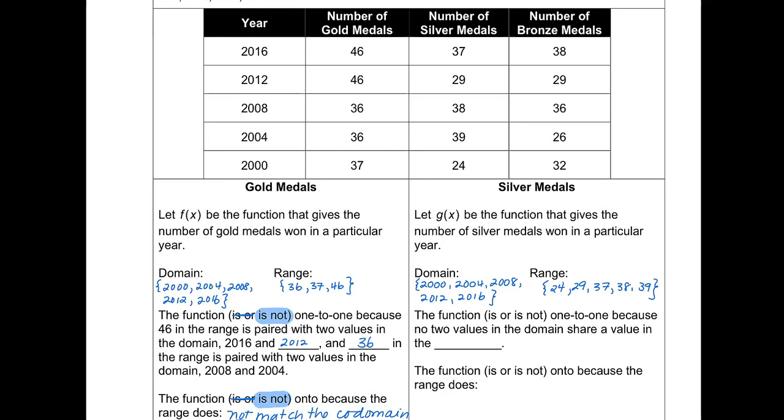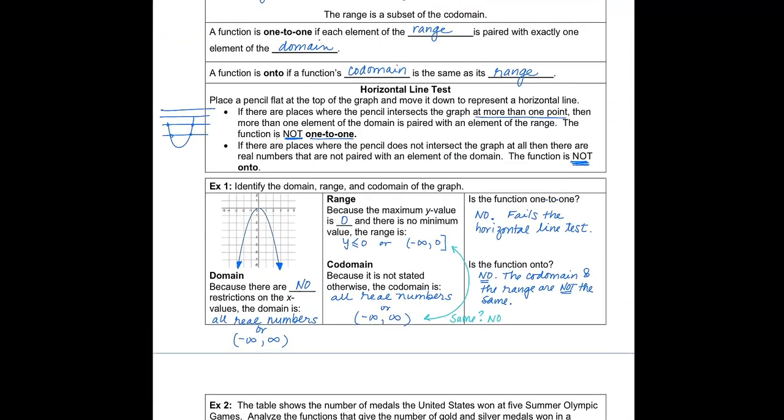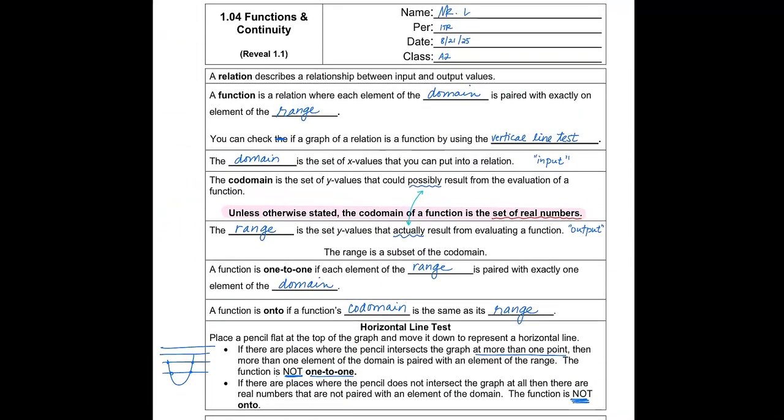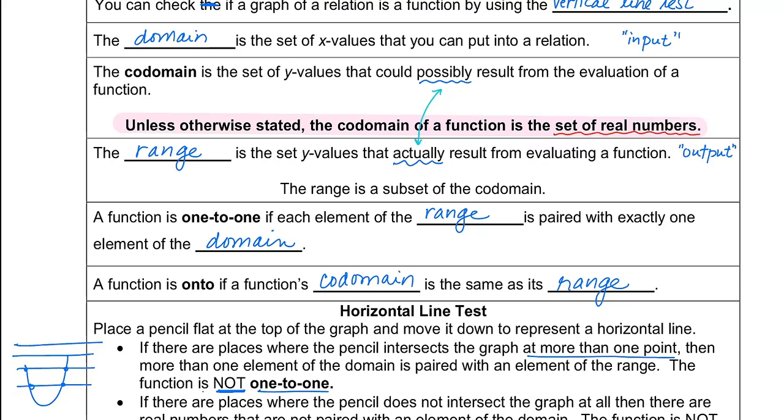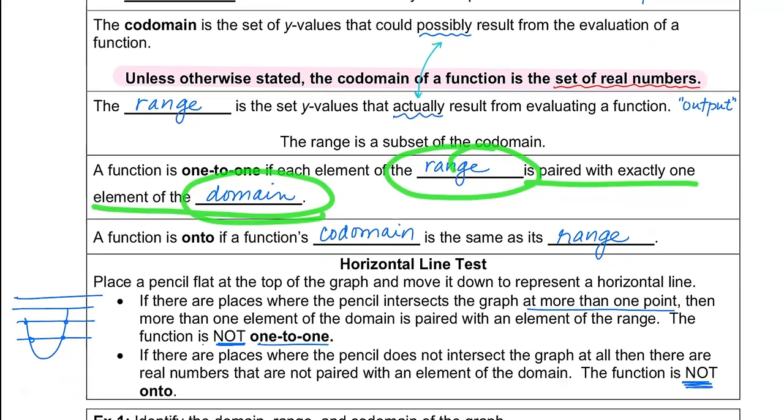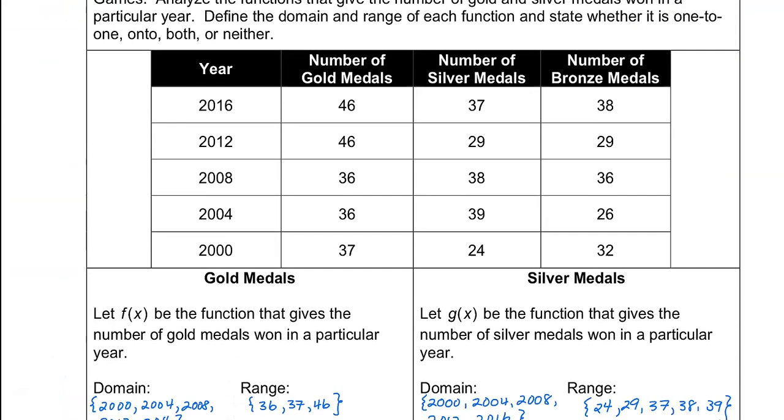This time is the function one-to-one, right? Well, remember again, if it's one-to-one, it means each element of the range is paired with exactly one element of the domain. So we could just ask the question: is 37 paired with exactly one number? Yes. 29?